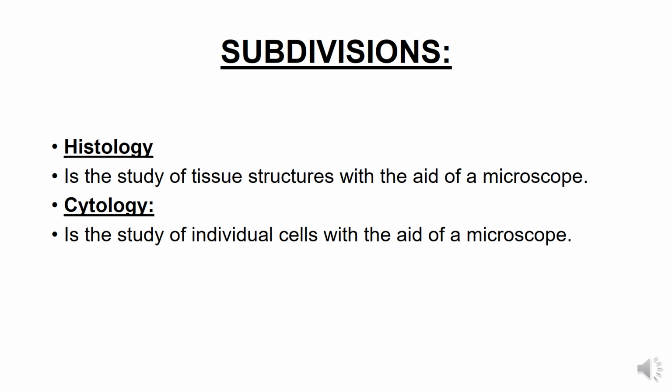Histology is the study of tissue structures with the aid of a microscope, and cytology is the study of individual cells with the aid of a microscope. These two subdivisions are the branches of microscopic anatomy.